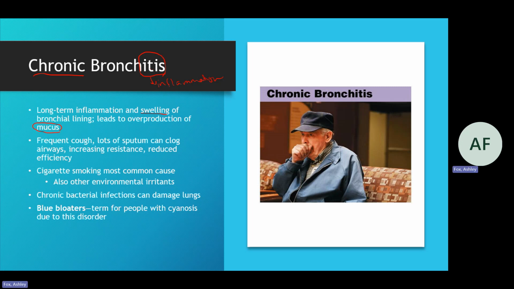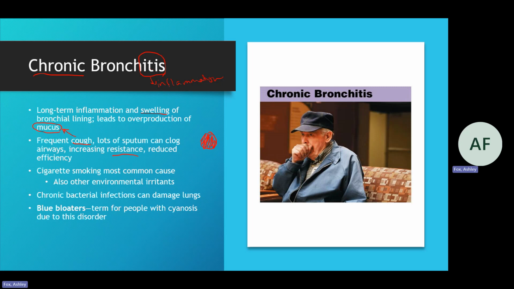So with chronic bronchitis, oftentimes there's coughing, trying to get rid of the mucus. A lot of mucus can clog the airways. So if you have a normal bronchial diameter but you're clogging it with mucus because of the inflammation, that's going to reduce airflow and increase resistance.